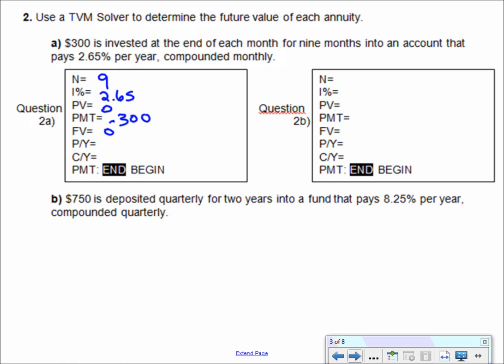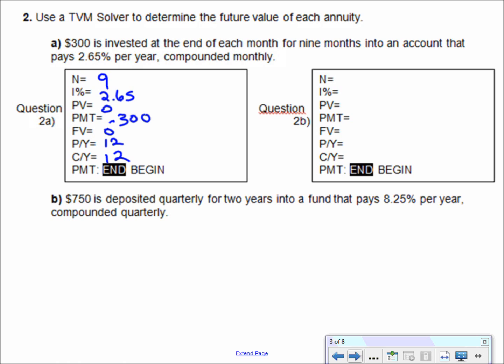My payments per year. 12. Yes, compounded is definitely 12 and it is invested at the end of each month, so it's still 12 payments per year. Because I might not be doing it for a full year, but in a year I would make 12 payments because it's monthly.